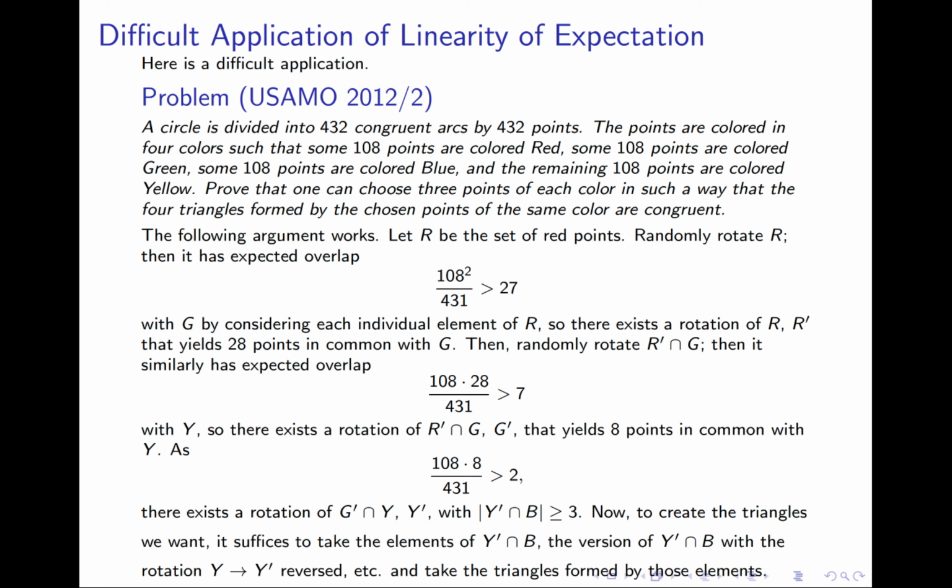And so that tells us there has to be a specific rotation that yields 28 points in common with G. And then if we take those 28 points and apply a similar rotation argument, we get that there have to be 8 points in common with Y in this second rotation.